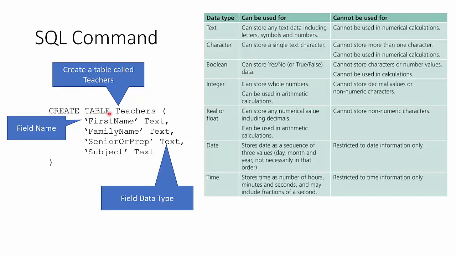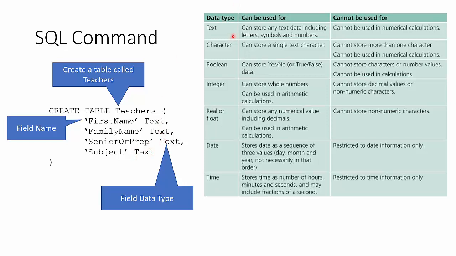We wanted to create a table, and we wanted to create a table called teachers. Okay. Then we want to have an open bracket and a closed bracket at the back, and then in the middle of the brackets we put each of the field names and its data type. So first name text, family name text, senior or prep text, and subject text. Okay, so text is the data type.